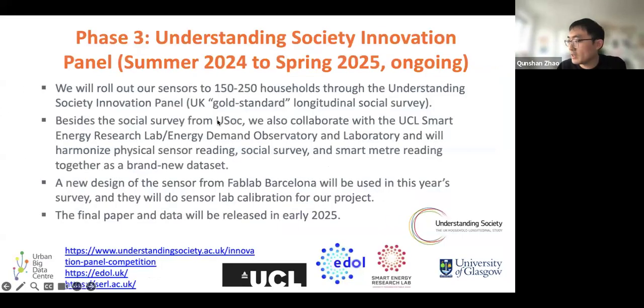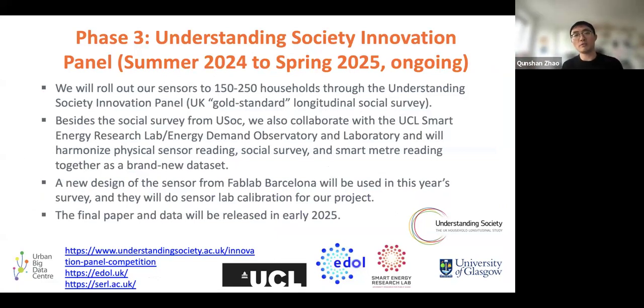Okay, so we have done phase 1, phase 2, and we are working on phase 3 right now. We have the Understanding Society Innovation Panel ongoing from summer this year to spring next year. We plan to send more sensors, about 150 to 250, through the panel.